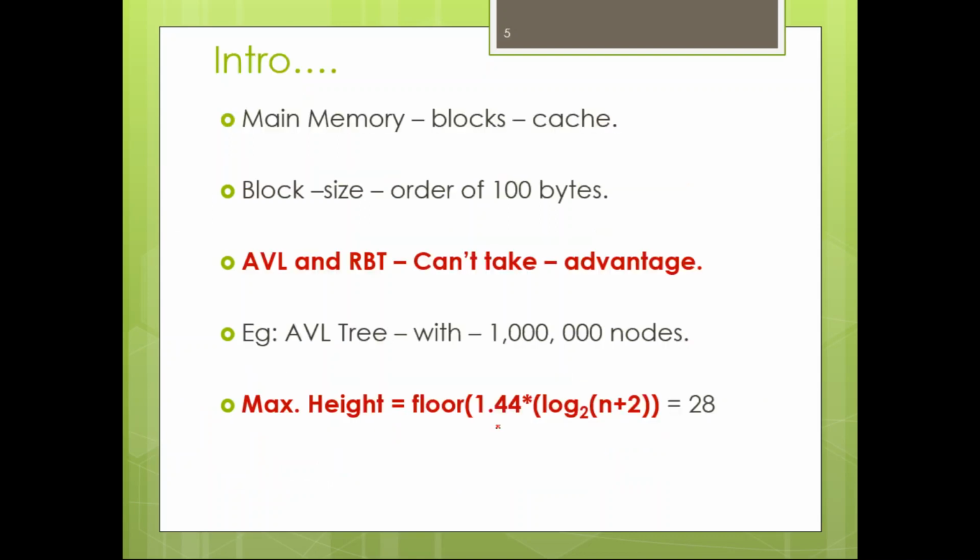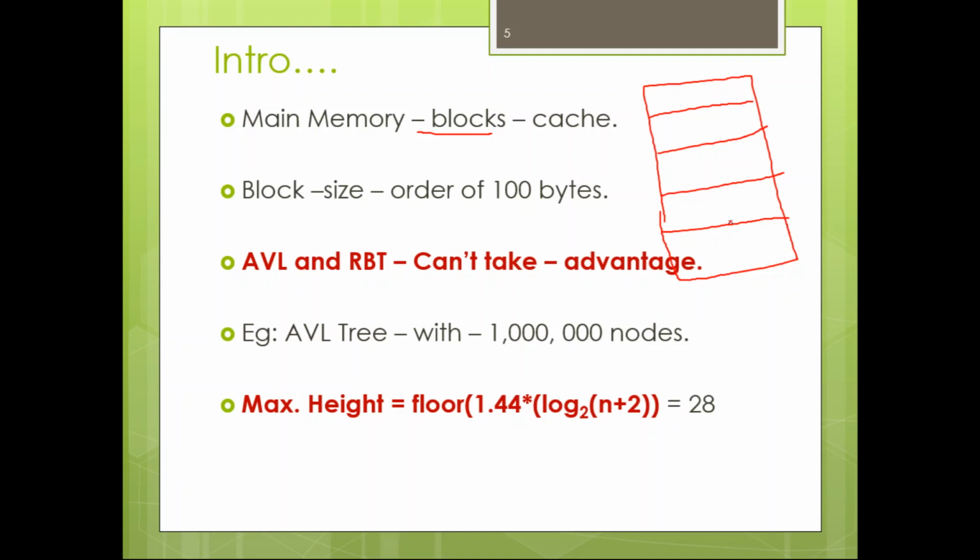Now the main memory is divided into several blocks. The entire main memory may be divided into 100 blocks or 200 blocks or 128 blocks or 256 blocks, whatever it may be.